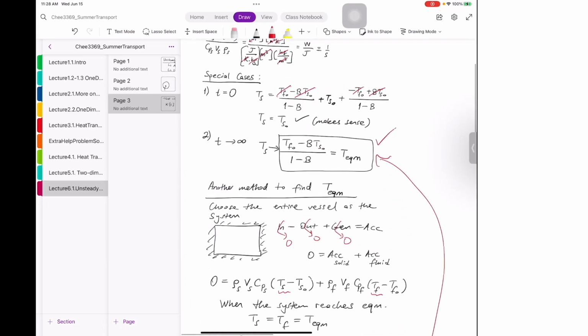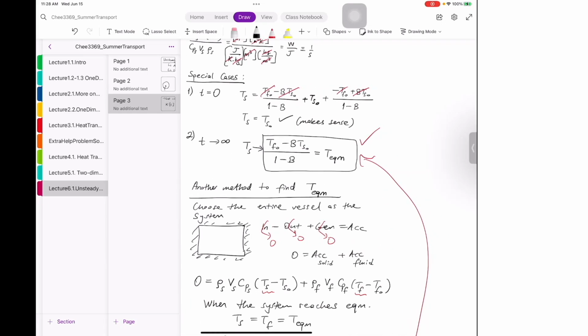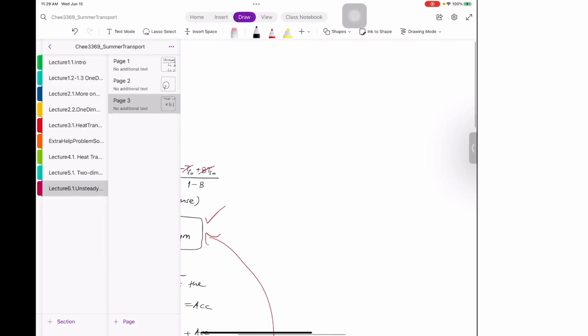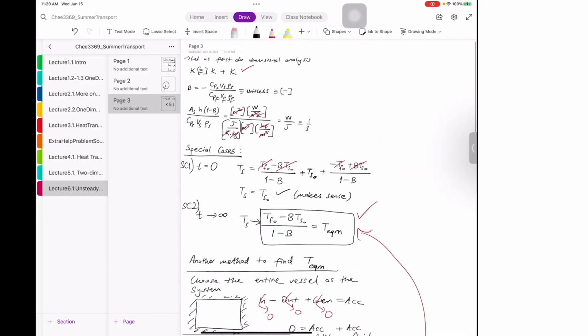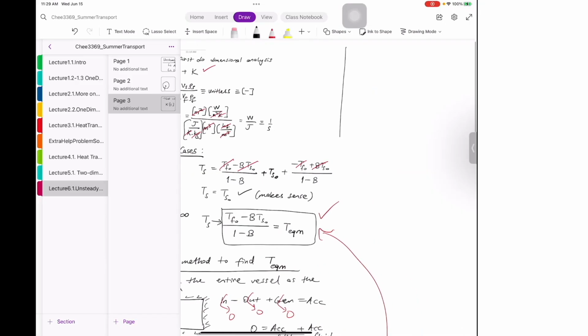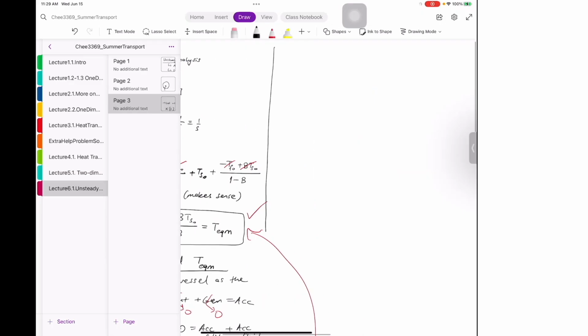So let's call this special case 1. The special case 2. Now let's talk about another special case, which is special case 3. Is there any other special case that comes to your mind?